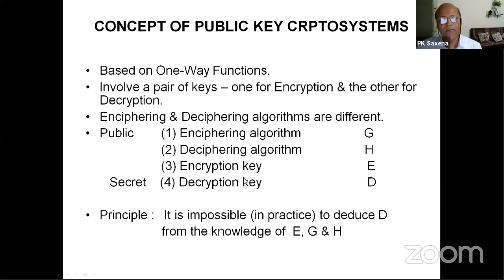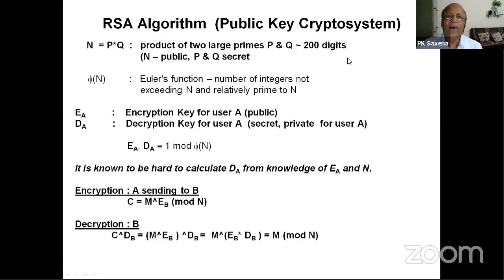There will be some encryption algorithm, how to encipher and how to decipher, and how to generate the keys. So deriving one key from the other is difficult, or in practice impossible. Like in the RSA crypto system, you have a number n, which is a product of P and Q, where P is a prime and Q is a prime.